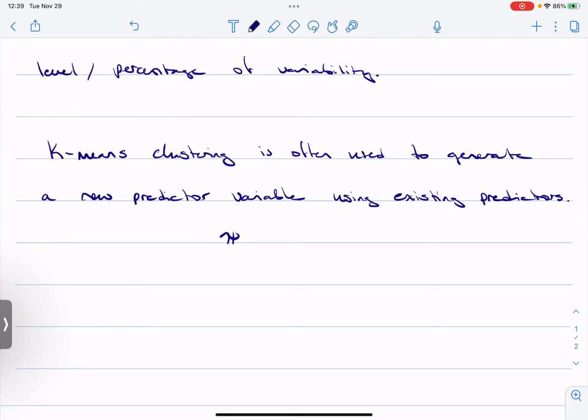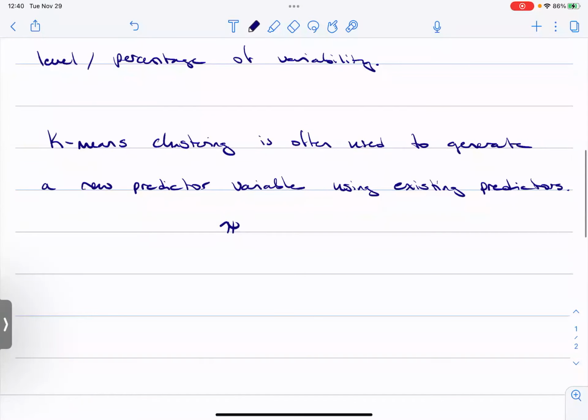Both of these are for numerical data. Of course, we could use categorical data, but it tends to kind of mess with the results. There are things that we can do, like Gower distance, for example, that could help us, but it still messes with the data.